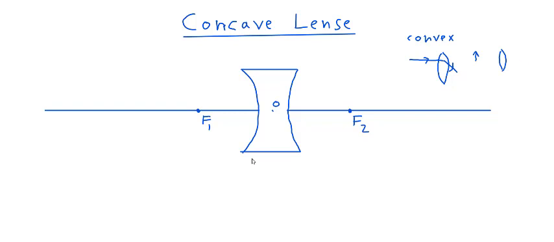So let's first discuss some of the common terminology or words that convex and concave lens have. So you see here this point, the center of the lens, that's O, that is known as the optical center, just as for the convex lens.